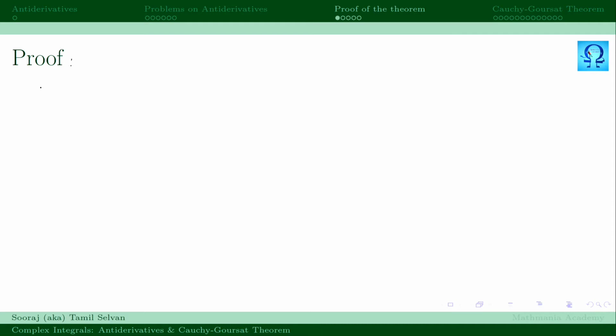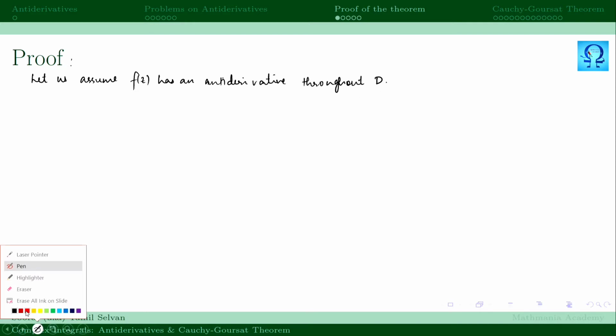So first, let us assume that statement A is true. What is that? f of z has an antiderivative throughout D. So if it possesses an antiderivative, what does this mean?